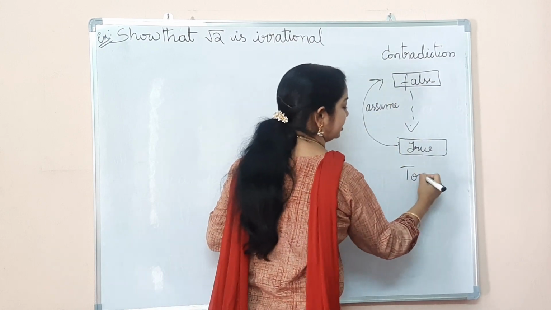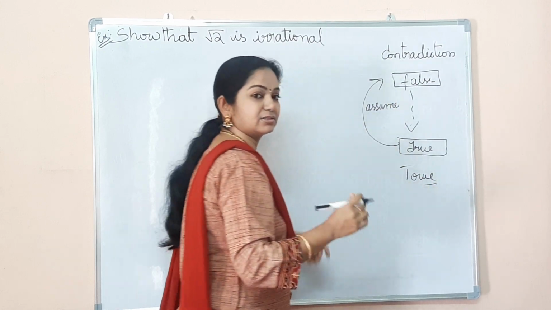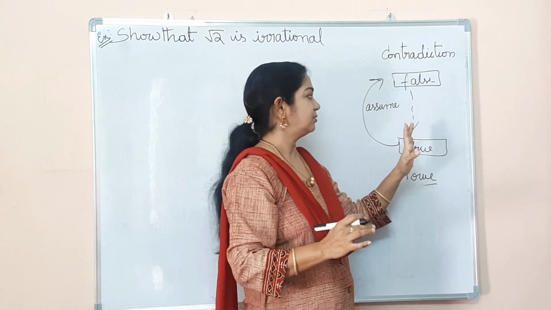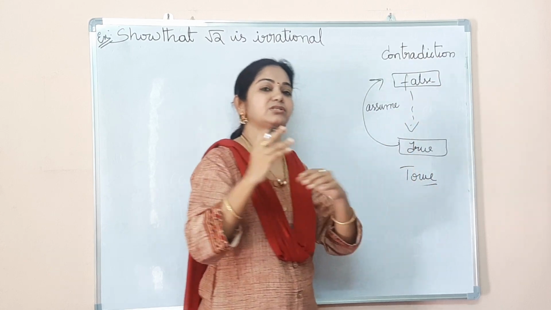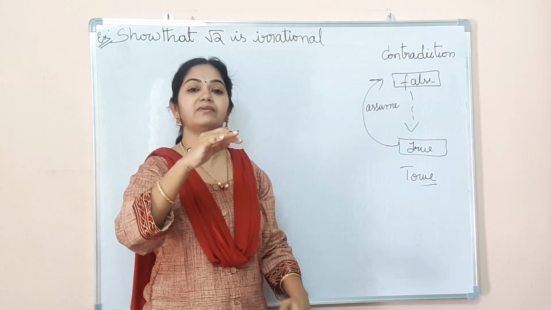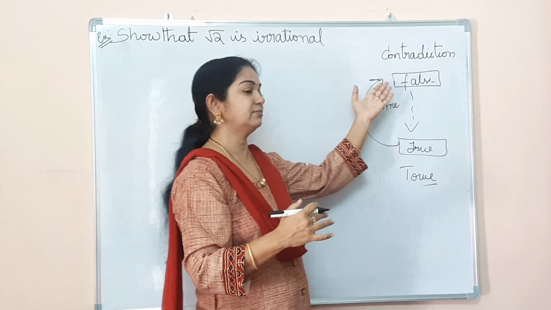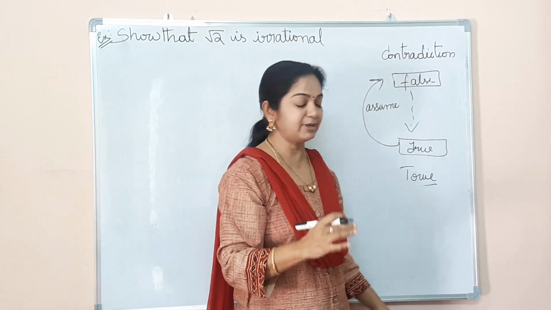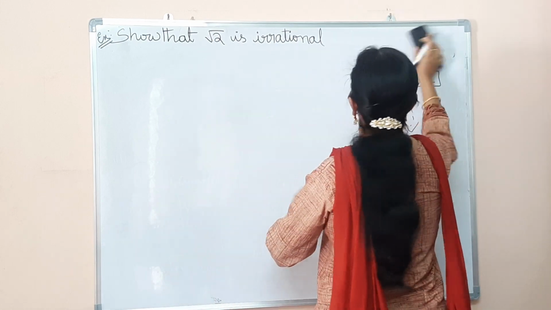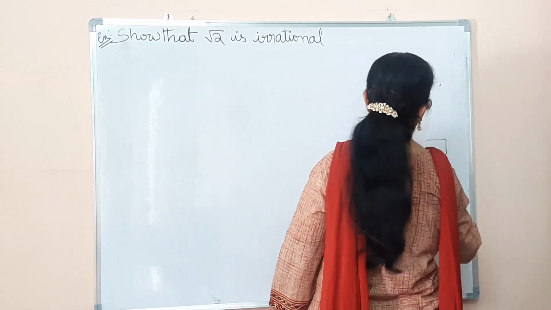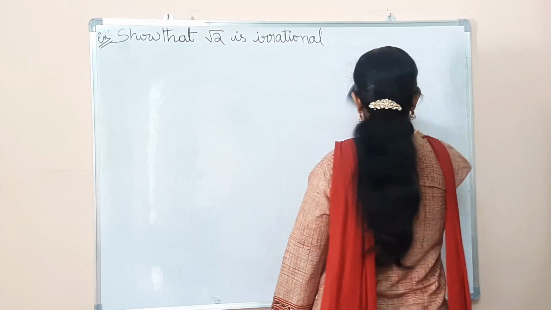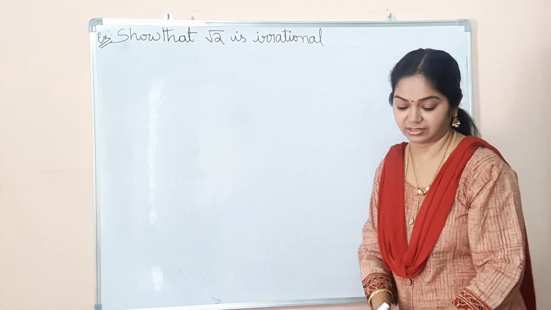Only the true is right. That is contradiction. The statement which is wrong has been proved true, so our supposition comes out true again. So that is the method. Don't get confused, I am telling you in a simple way. When you look at the problem, you will easily understand. No confusion at all.